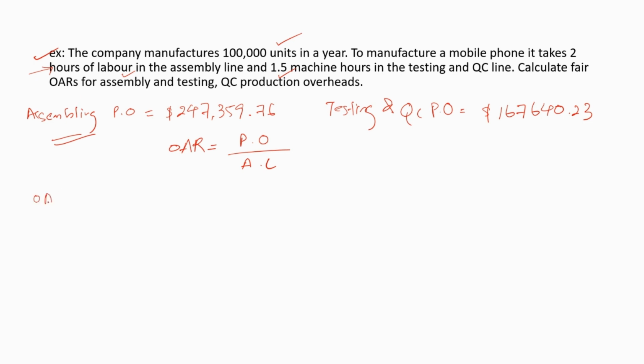So, OAR for assembly production overhead is equal to the production overhead, 247,359.76, divided by the activity level. Activity level should be the total activity level. So it will take 2 hours to manufacture a single mobile phone and they are producing 100,000 units in a year, so this is multiplied by 100,000.